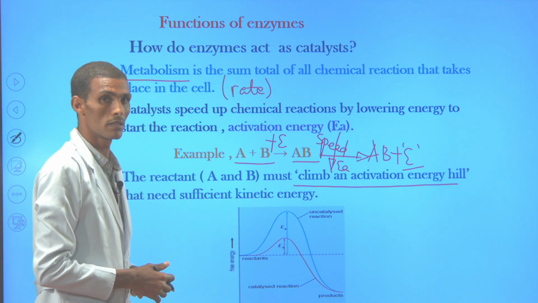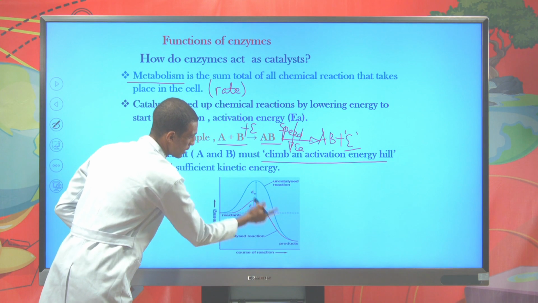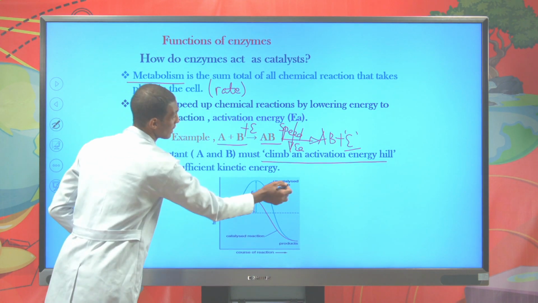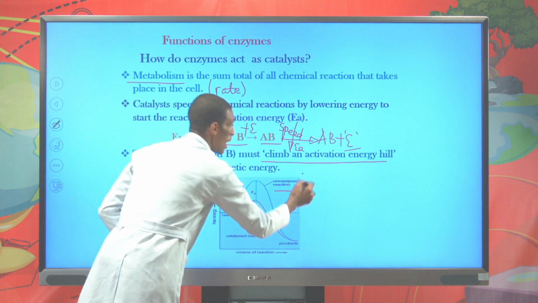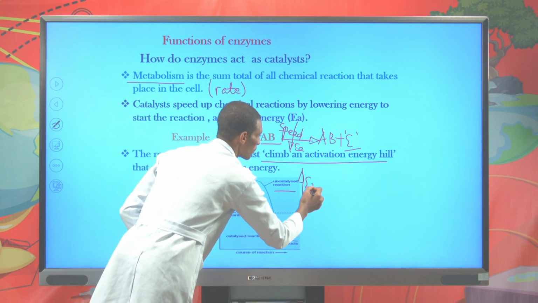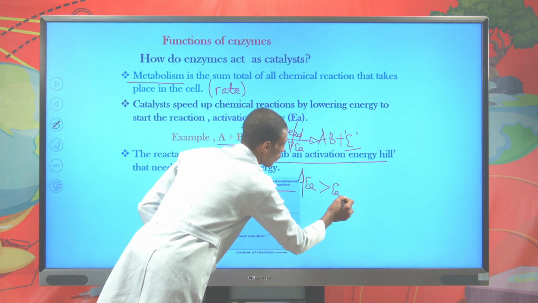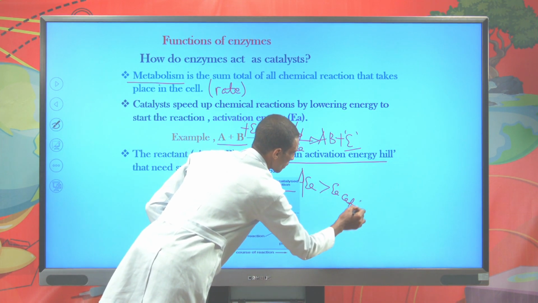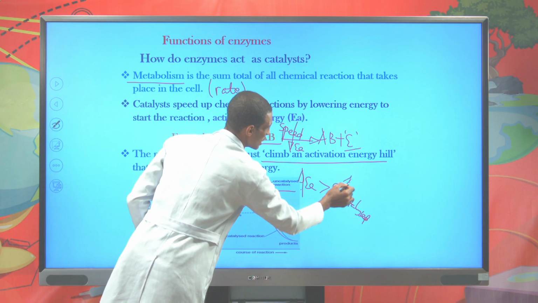Let's say this one is the uncatalyzed reaction, where no enzyme is added. The amount of activation energy here is higher than the activation energy for the catalyzed reaction. The amount of activation energy here is high, and the speed is slow.